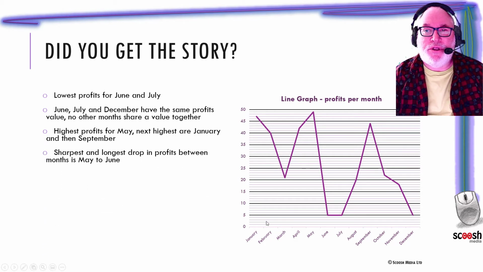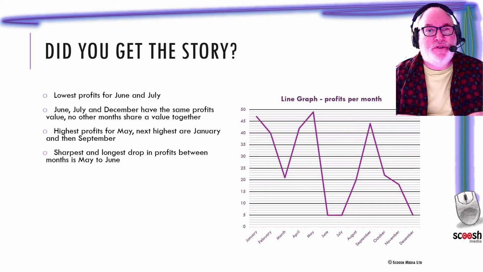Well, we can see the sharpest and longest drop in profits is between May and June. We're going from 49 all the way down to 5 in June. There's no other drop quite as drastic, so we can see that.